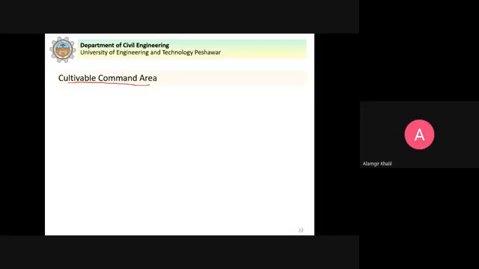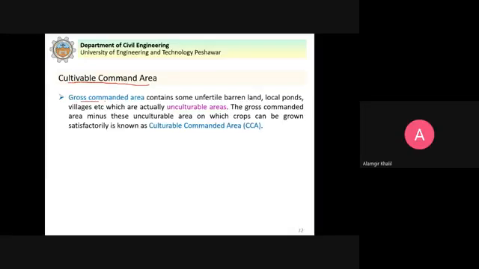Culturable command area. The gross commanded area contains some unfertile barren land, local ponds, villages, etc., which are unculturable areas. The gross commanded area minus these unculturable areas, on which crops can be grown satisfactorily, is known as the culturable command area.